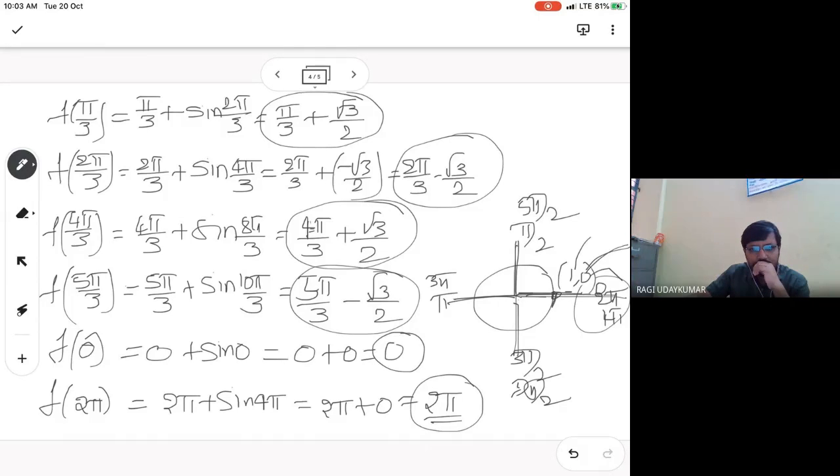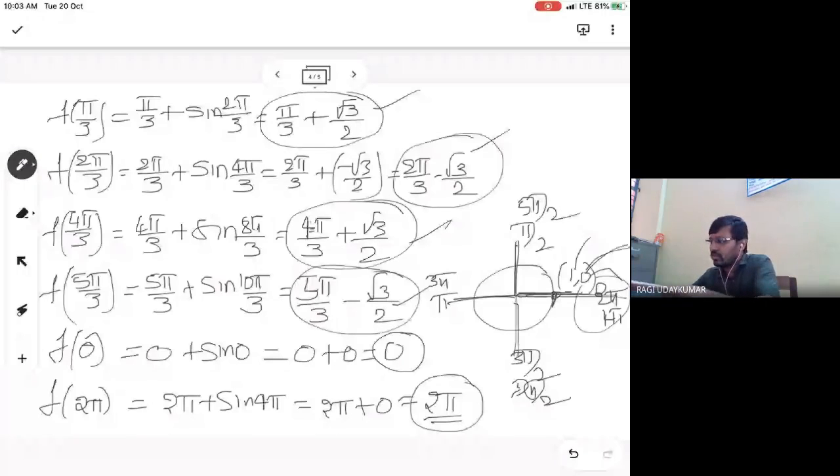Tell me, which is the maximum value? What is the maximum value in all these, this one, this one, this one, this one, this one, this one? In all this, what is the maximum value?